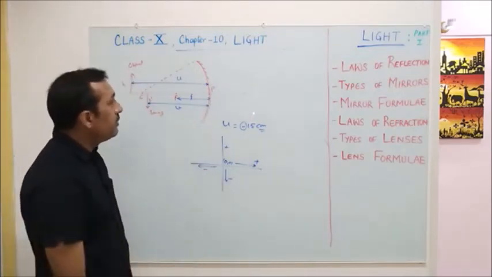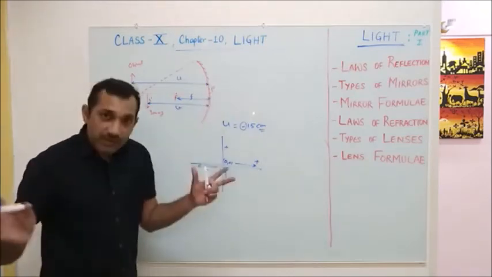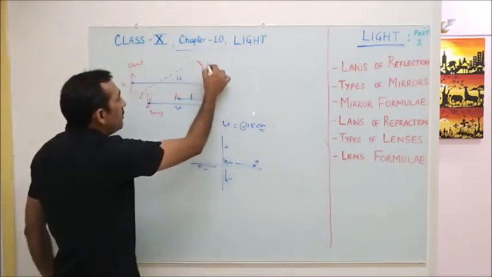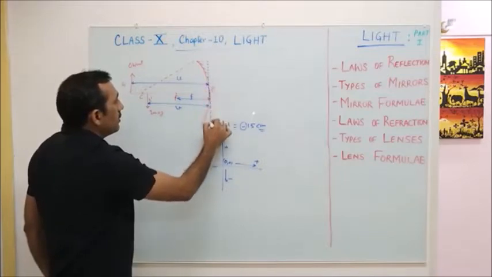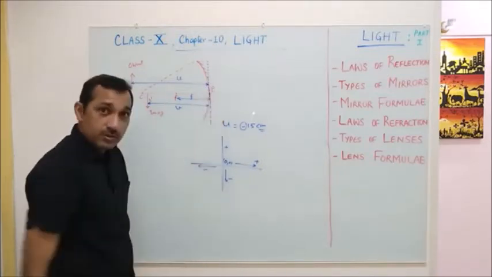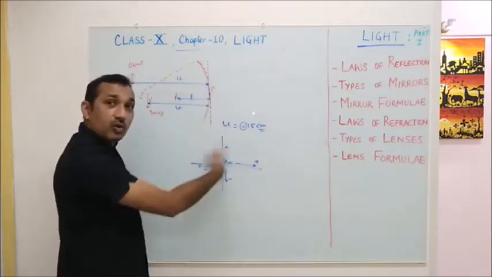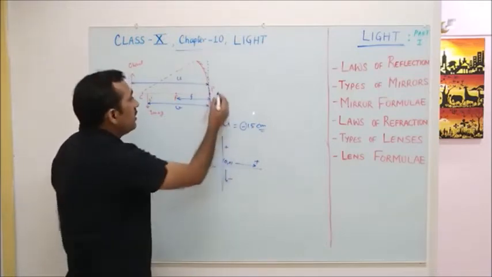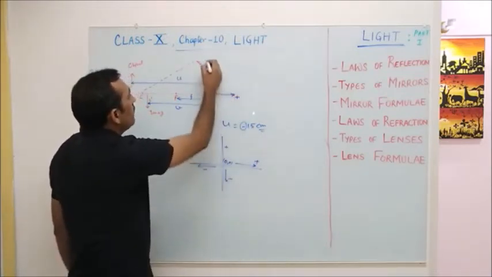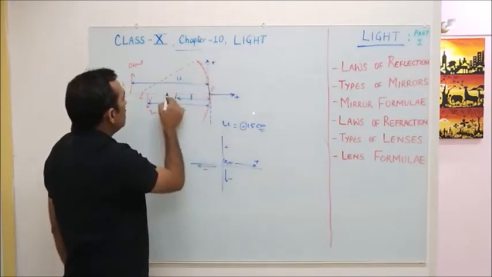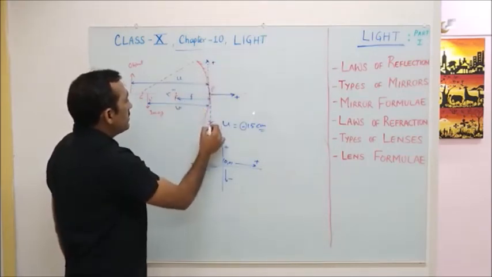In the case of mirrors, the pole is the reference. If I have this point as the origin, then going back to the basics of the graph, this side is positive, this side is positive, this side is negative and this side is also negative.